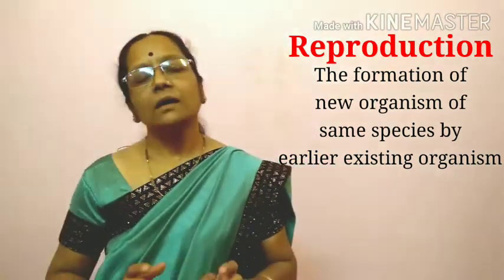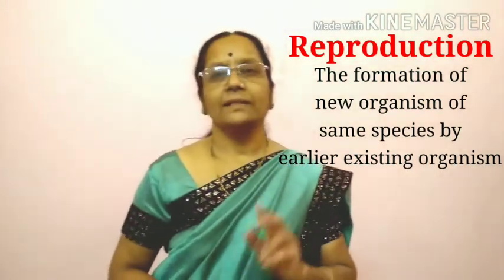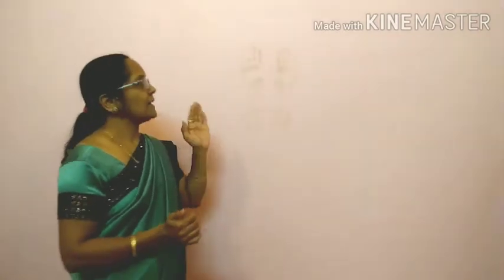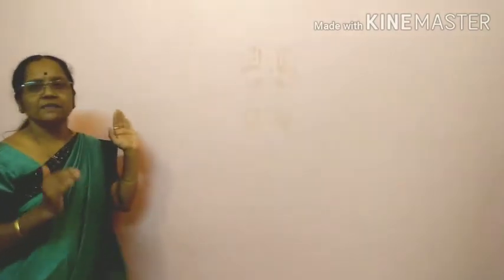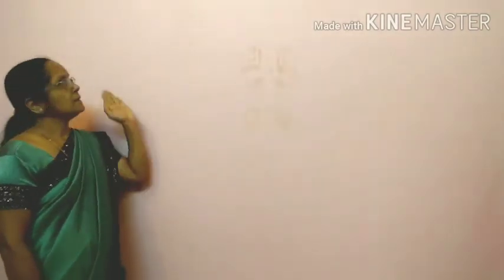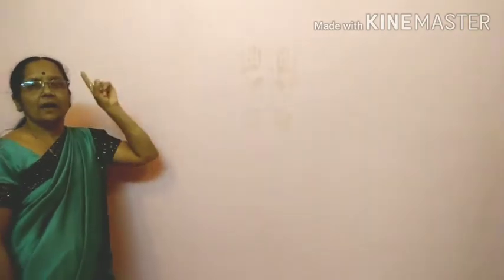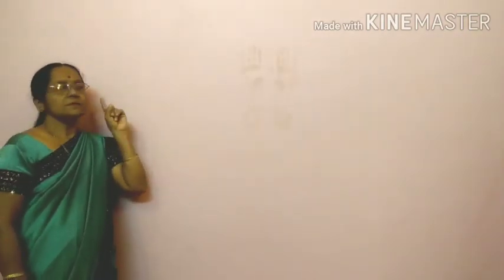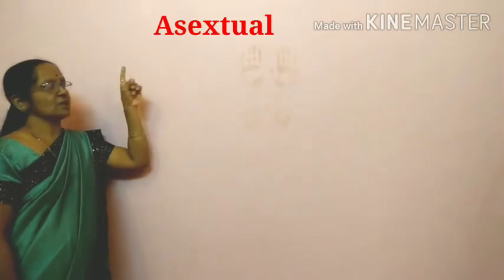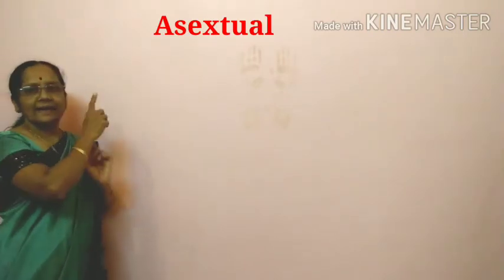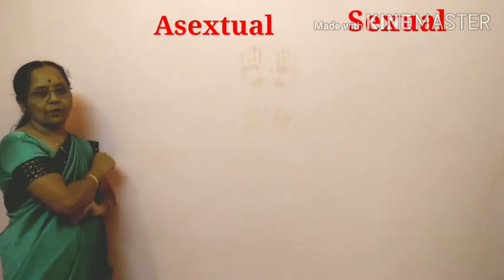That is reproduction. There are two types of reproduction. Let us see the types of reproduction and the difference between them. The first is asexual reproduction and the second is sexual reproduction.